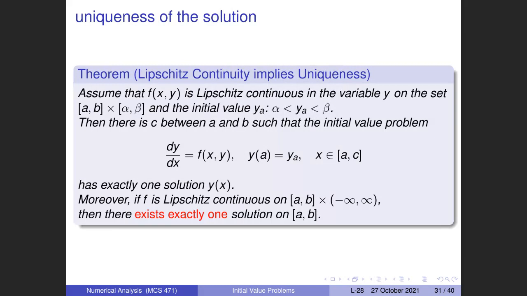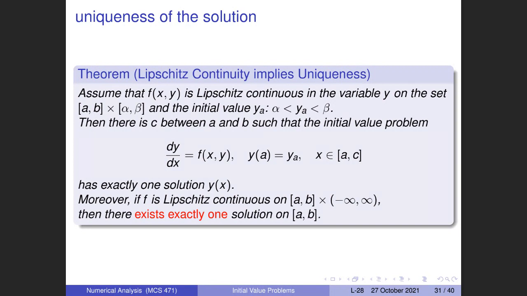All right, so if we know that the right-hand side is Lipschitz continuous on a set, and the set is actually quite important. One can look at a very nice polynomial in two variables, but if one doesn't impose any restrictions, there cannot be a unique solution.